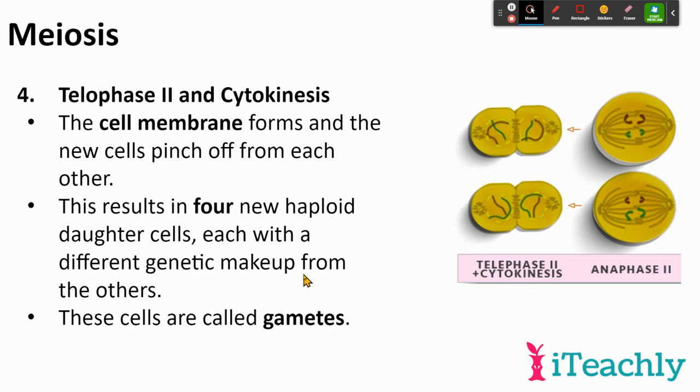Okay, and then telophase 2 and cytokinesis, the cell membrane forms and the new cells pinch off, right? So this is the phospholipid bilayer around here, right? And this results in 4 new haploid cells, right? So you're going to have 4 haploid cells. These are haploids, so these are gametes.